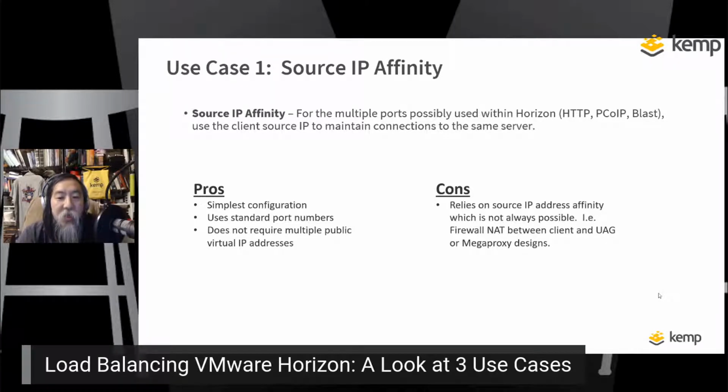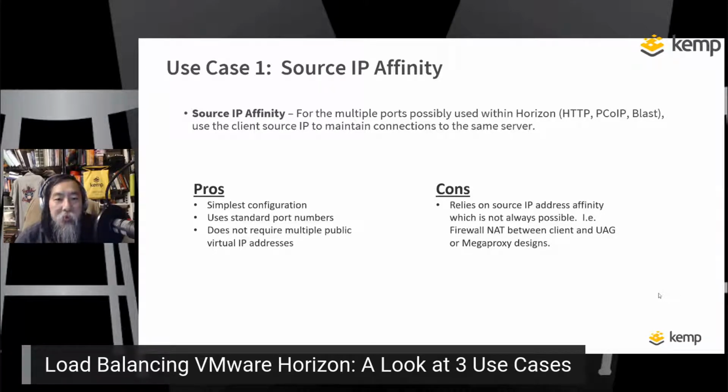Or there is something called mega proxy, where some hosted environments may be based on VPN technology, or the service providers might have something called mega proxy, where all of these clients connecting to that service provider are going to look like they're going from the same address to the internet. So again, there is no uniqueness in the source IP.